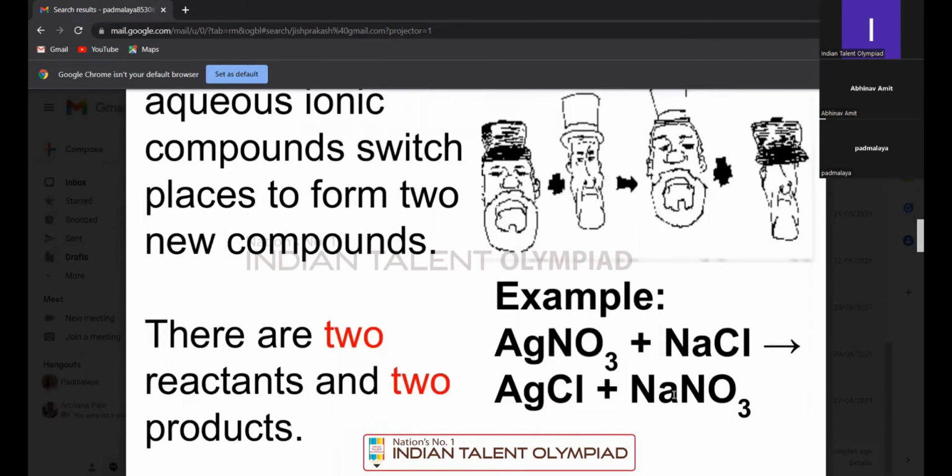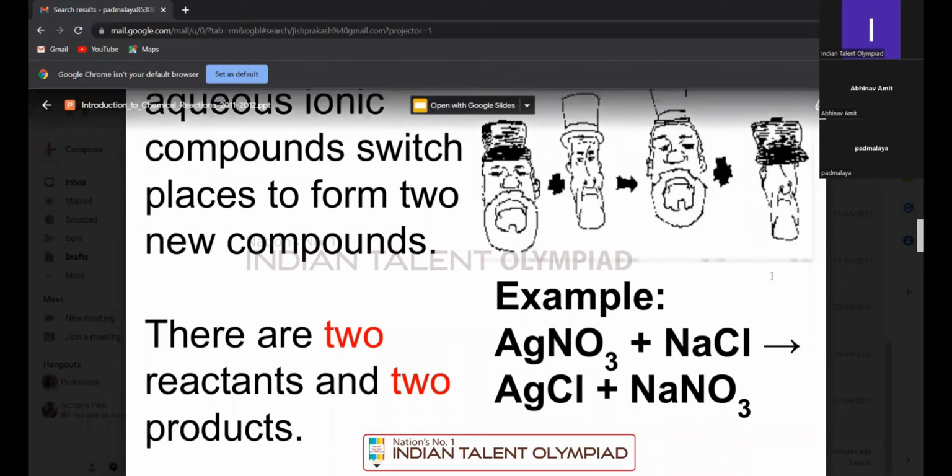Next, we have the double displacement reactions. In double displacement reactions, when two elements get replaced by one another simultaneously, we call it a double displacement reaction. In this example, you can see AgNO3 reacting with sodium chloride.